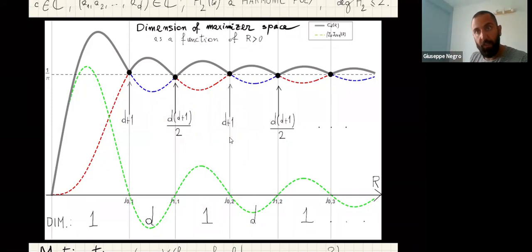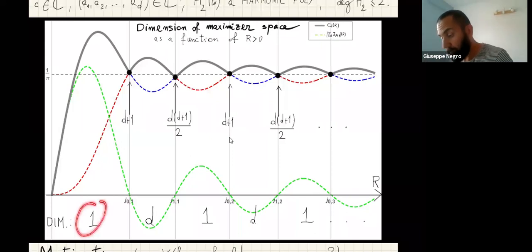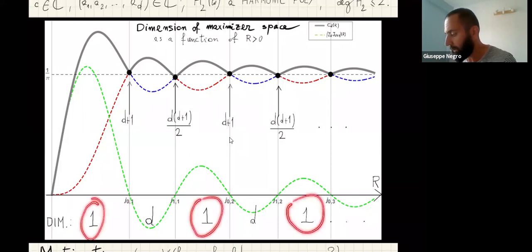And this is what I consider to be the most interesting feature of this result. The fact that maximizers change and the dimension changes rather dramatically, and also the symmetry changes, because we have here spaces of constant maximizers, here and here and here.